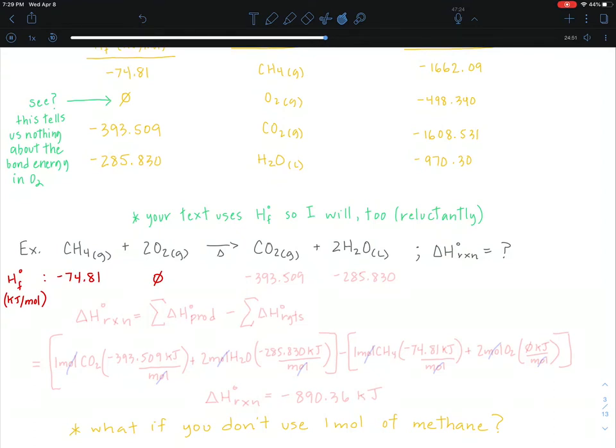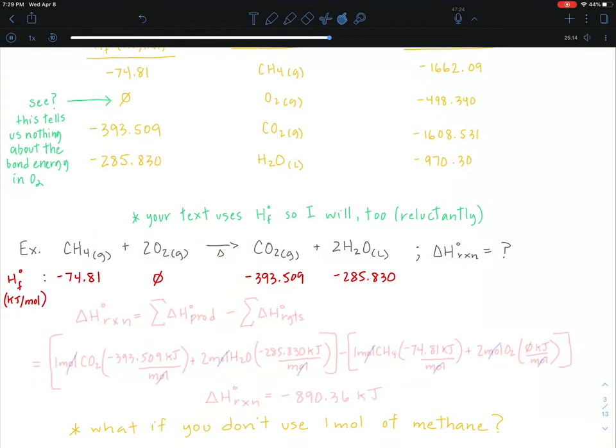So we've got a 0 for the heat of formation for that. For carbon dioxide, we see negative 393.509. And for water in the liquid phase, we see negative 285.830. It's important to see that these are all per mole.